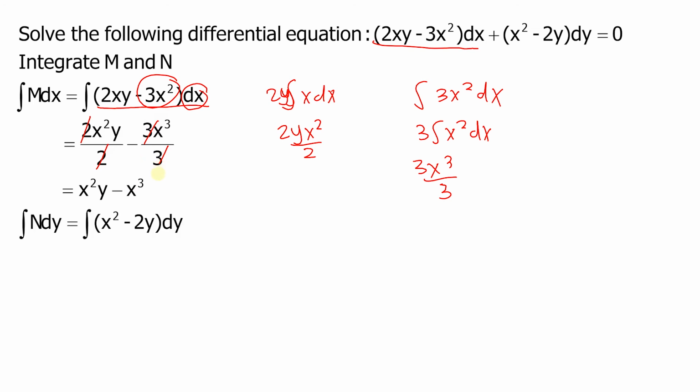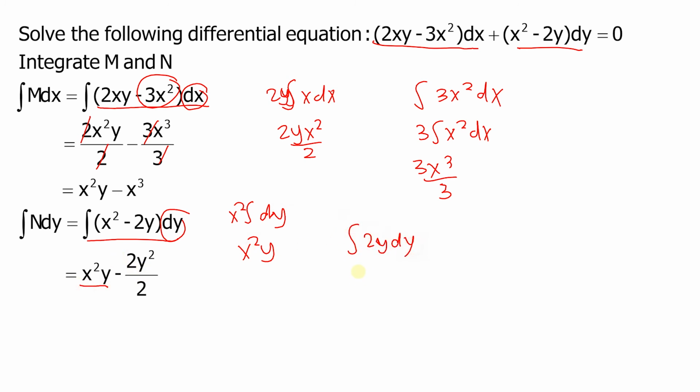Then, integral of N dy. Naka-dy ka, class, meaning to say you have to treat y as your variable and x as your constant. So, the integral of x squared dy is simply equal to x squared y. And the integral of 2y dy, power formula lang, that's 2y squared over 2.